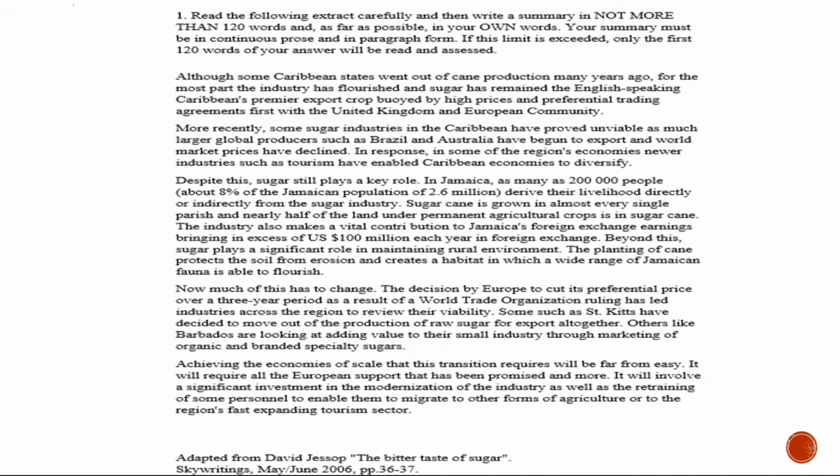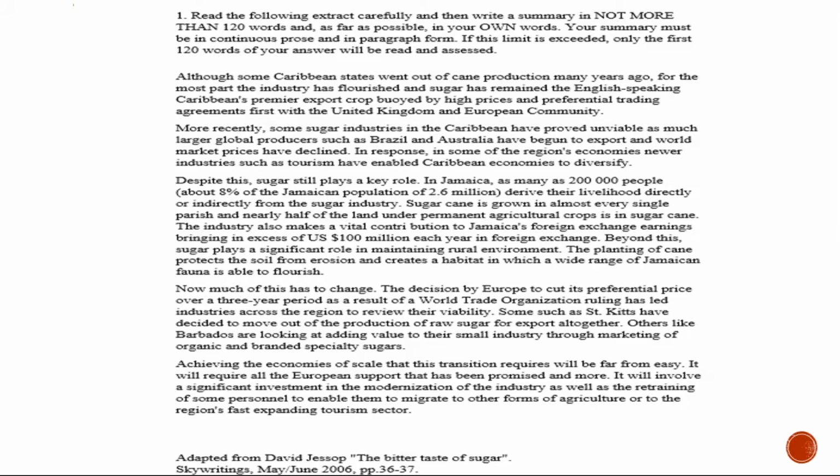More recently, some sugar industries in the Caribbean have proved unviable as much larger global producers, such as Brazil and Australia, have begun to export and world market prices have declined. In response, in some of the region's economies, newer industries such as tourism have enabled Caribbean economies to diversify. Despite this, sugar still plays a key role.